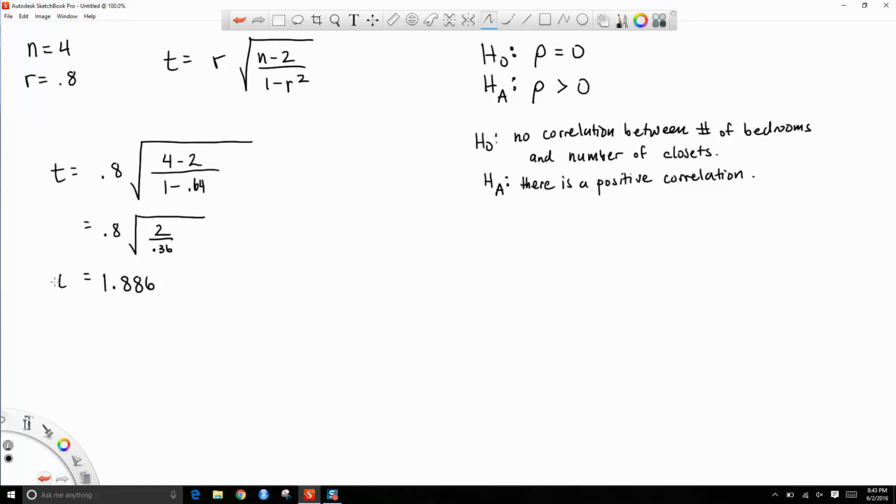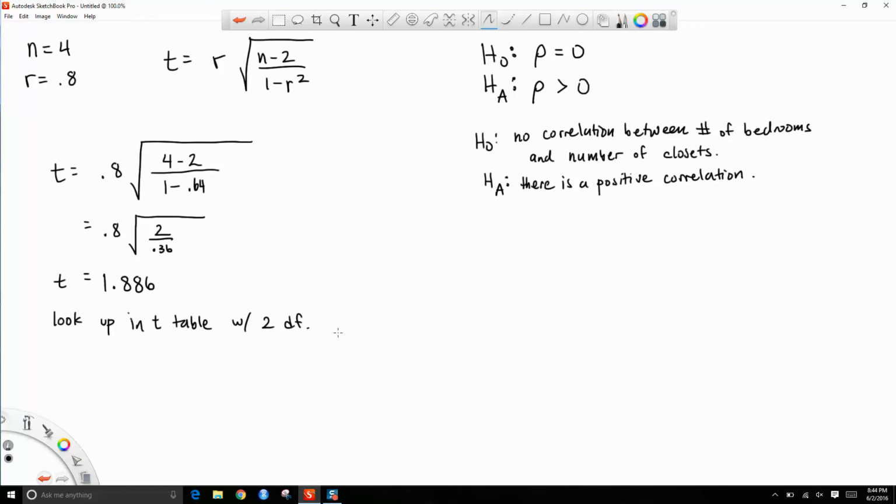Okay, so now we would look this up in the t-table with 2 degrees of freedom. Okay, so here we have a one-sided test.